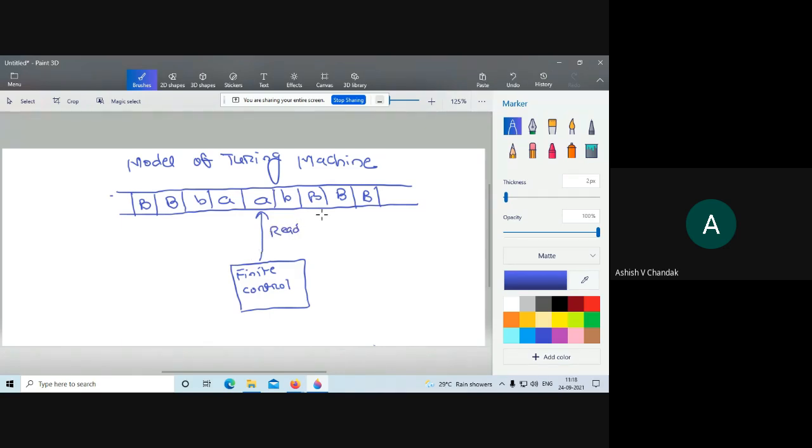So it can read, and it can write the symbol, which means we can replace it. So the head is bidirectional, both sides. This is the input tape, called the tape. And this one is called a cell. The tape is divided into cells. So this is the structure of the Turing machine.